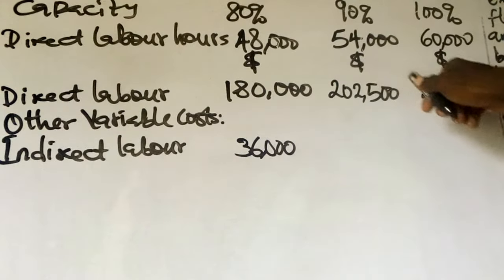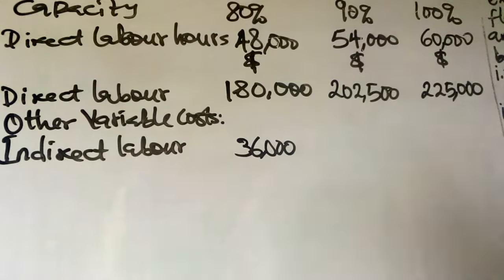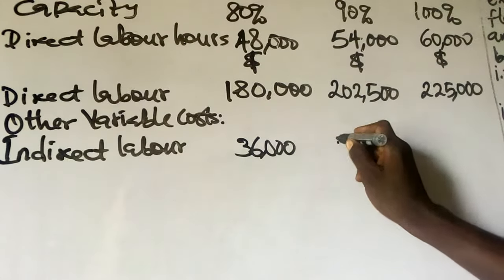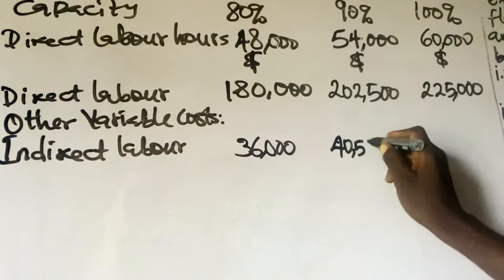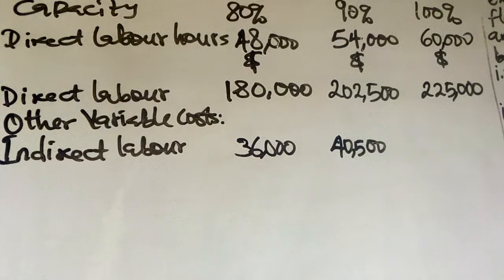At 90% capacity, you have 54,000 direct labor hours times 0.75, and that will give us 40,500. At 100% capacity, you have 60,000 direct labor hours times 0.75, and then we have $45,000. That is for indirect labor.